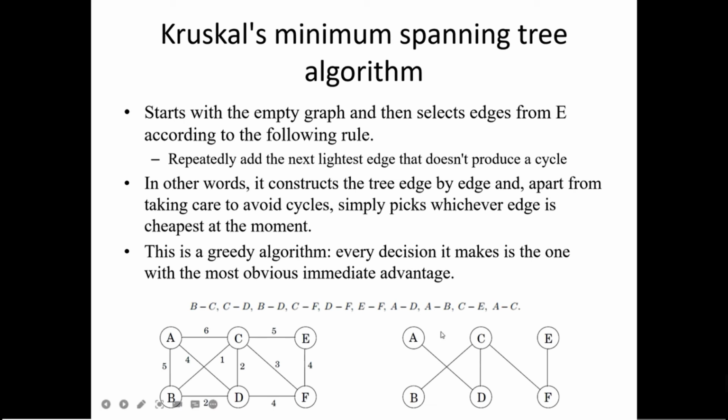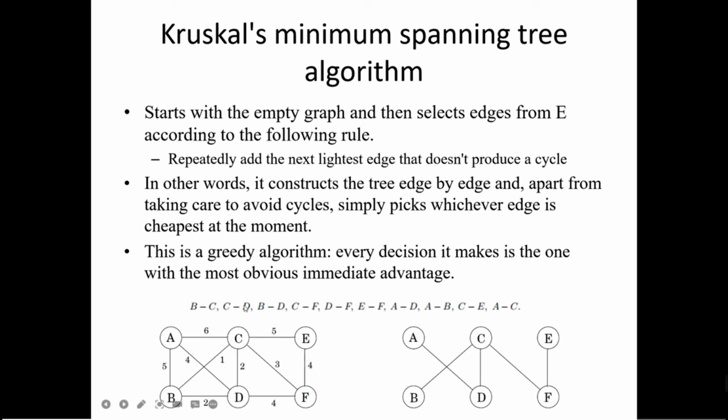Every time you select the lightest edge, meaning the cheapest edge, that will not produce a cycle. If it will produce a cycle, it will be ignored. So this is a greedy algorithm. You can see that every time it only focuses on the short-term benefit or short-term advantage. Every decision it makes is the one with the most obvious immediate advantage.